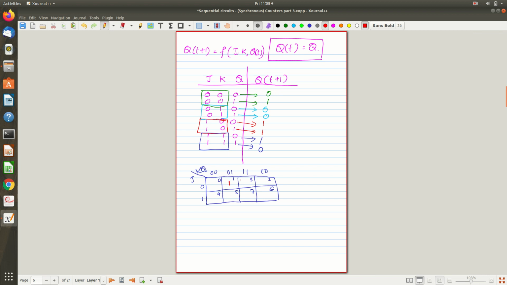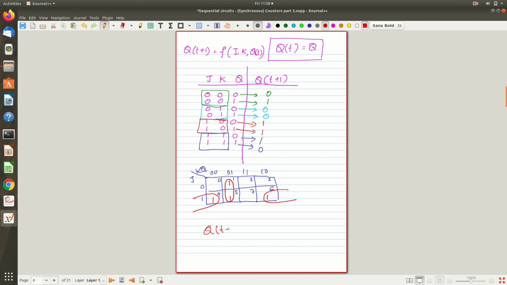Here 1 is 1, the other cases are 0, then 4, 5, 6 are 1, the others are 0. Now how can you simplify this? You can make this one group, and this another group, right? And from that, this is the table for Q of T plus 1.